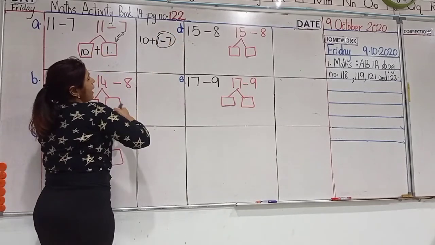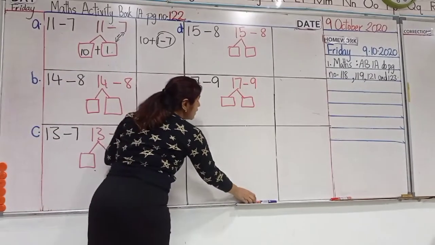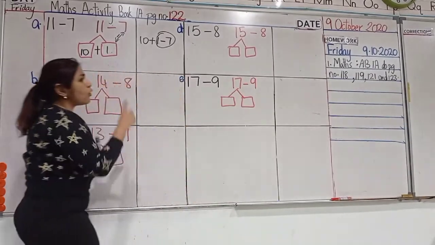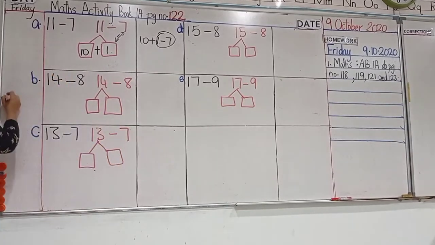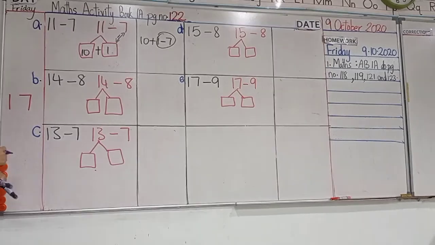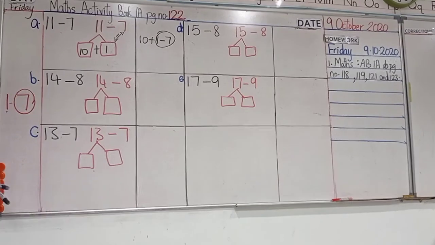Now 1 minus 7. Can you subtract number 7 out of 1? Which number is greater? Is 1 greater or 7 greater? 7. So can you subtract a greater number from a smaller number?